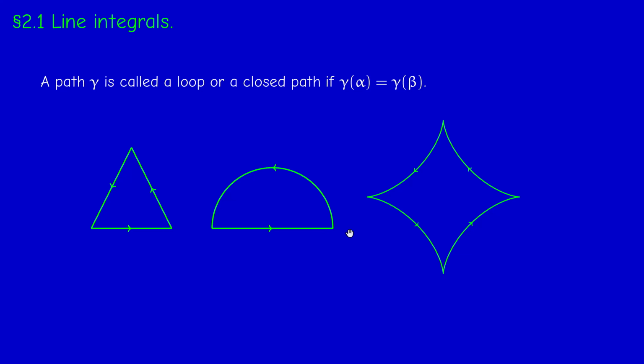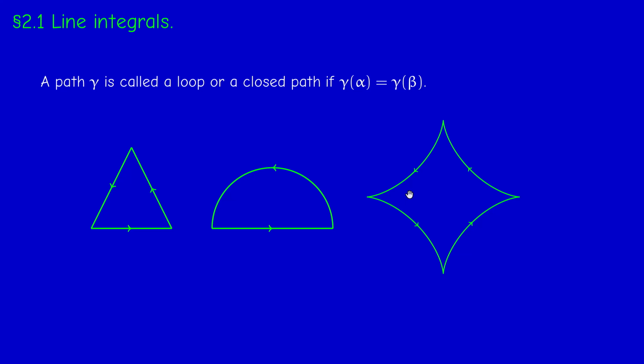You can start from any point actually. You can start from here or from here. And this asteroid is also a piecewise smooth loop actually. Note that we allow corners and we allow cusps.